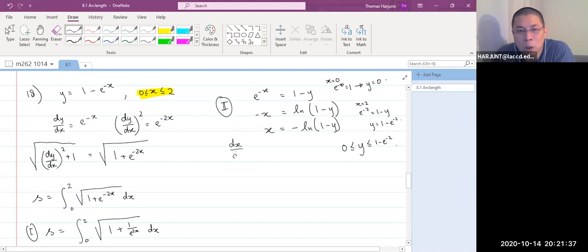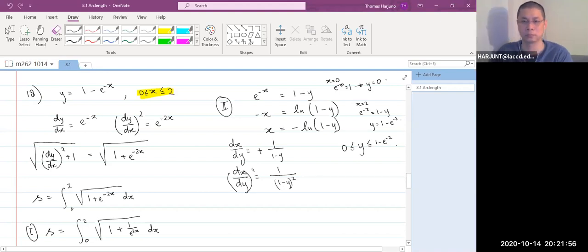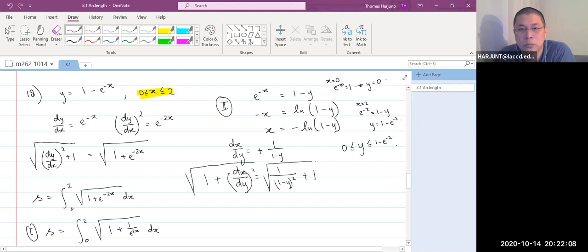dx/dy is negative 1 over 1 minus y times the derivative of 1 minus y, that's positive. So dx/dy squared will be 1 over 1 minus y, squared. If I add 1 and then put the square root, that's what I have.